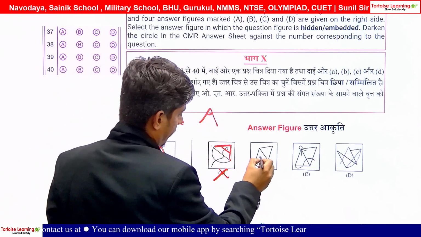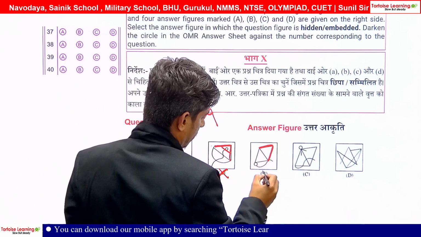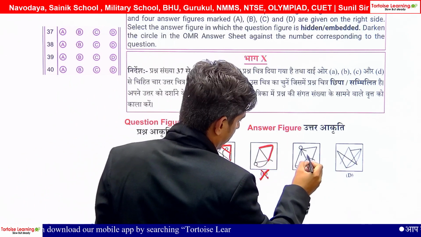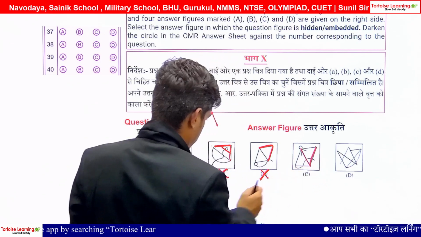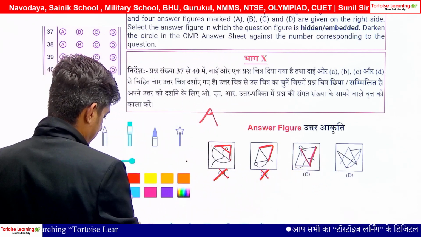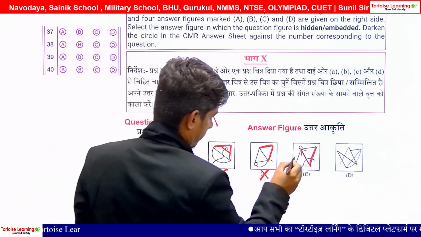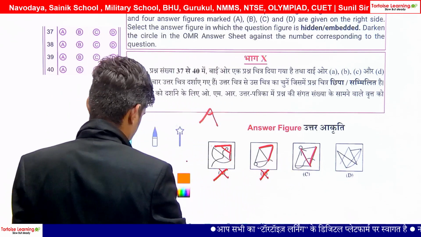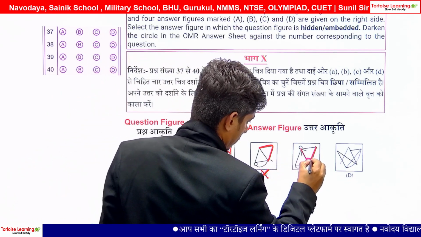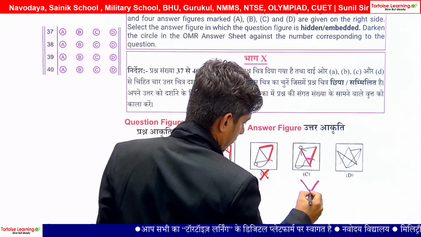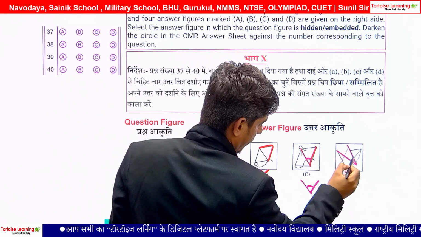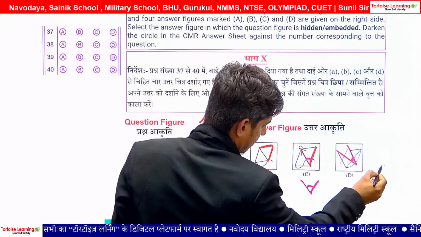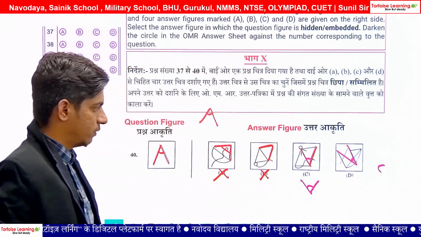This one, if you look at this, is also wrong. If you look at this one, this is the correct answer. Here in this case, this is rotated, this one. If you look at this one, this is given, but this curve is not given.